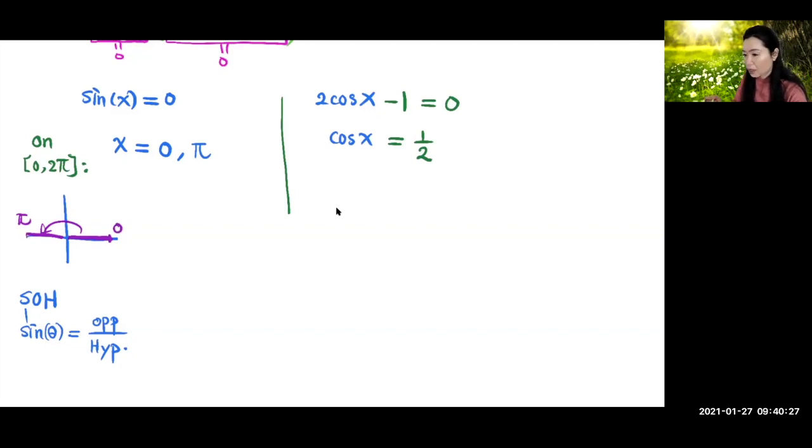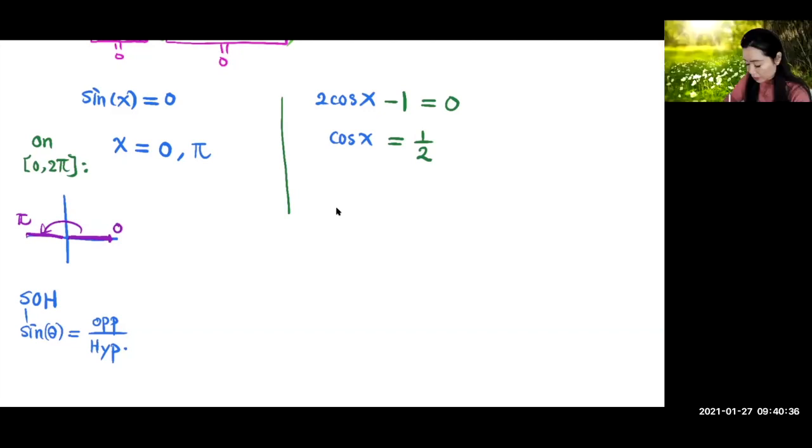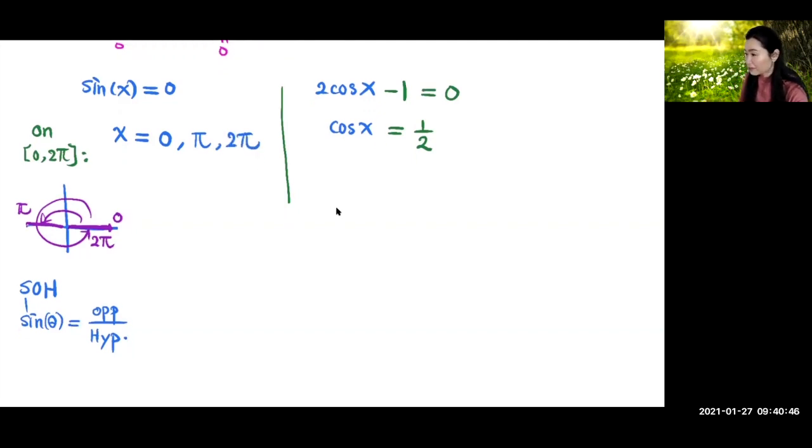Okay. What else? 2 pi? Yes, and 2 pi over here. Sine of that also equal to 0. So we get 3 right here. Now, I think we got all of them from 0 to 2 pi already, right? So we're done with this one.